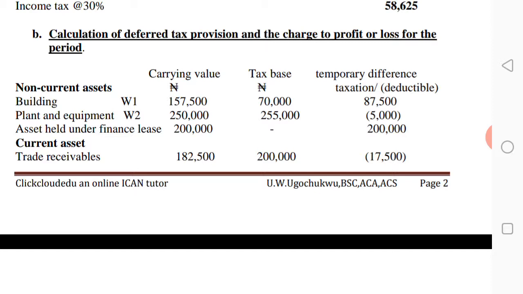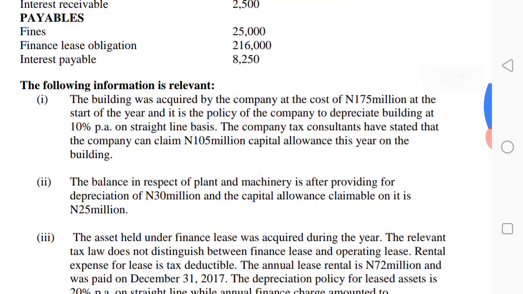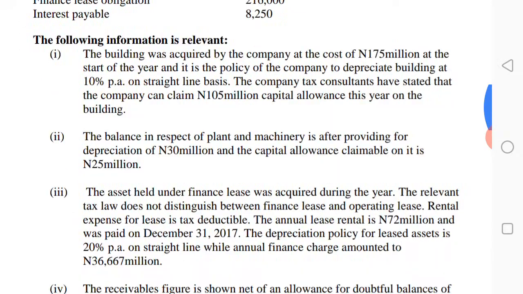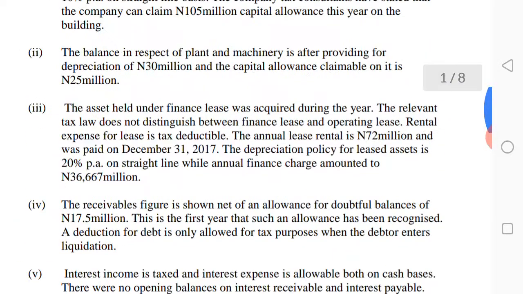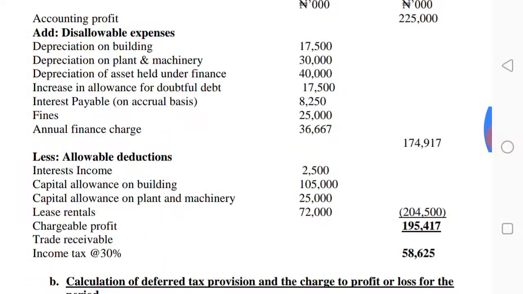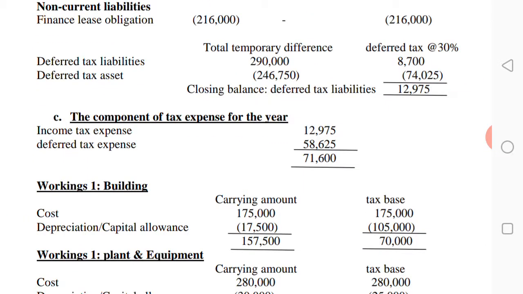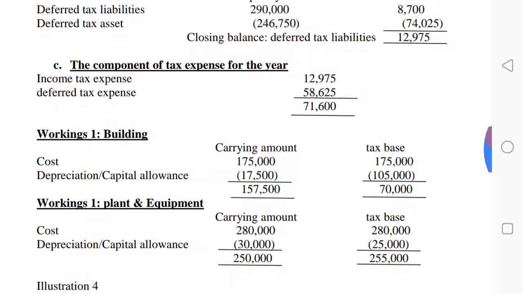Now for the plant and machinery, we are also given the carrying amount in our question, which is 250. For the tax base, we have to minus our capital allowance from the cost. For our workings, the cost here is 280. How do we get 280?